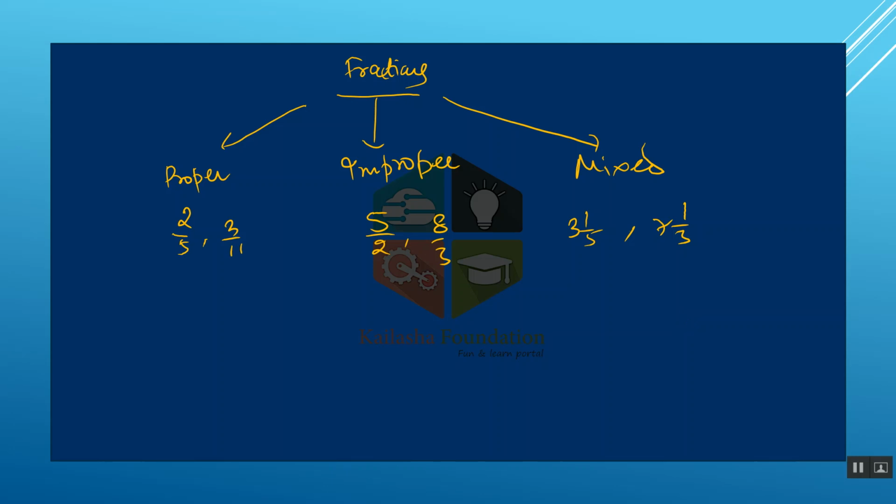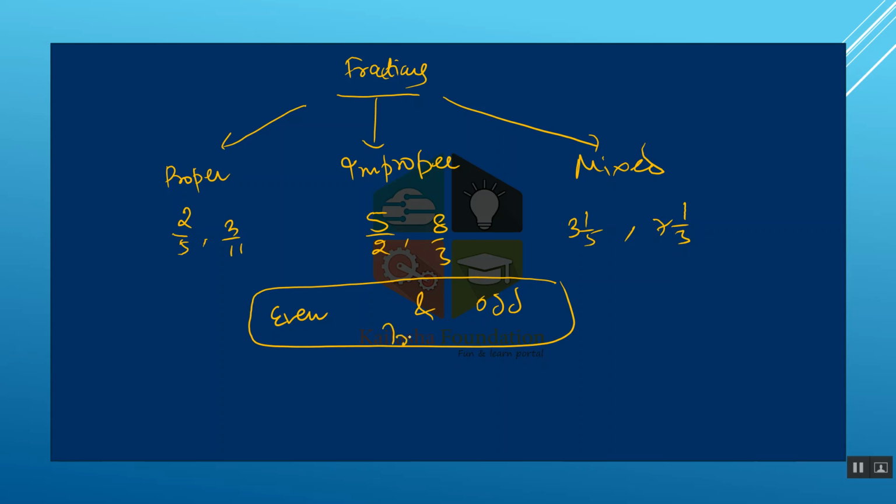Now there is another kind of classification of numbers, that is even and odd. When we talk about even and odd, we are talking only about integers. Only integers can be even or odd. Even means divisible by 2, odd means not divisible by 2.